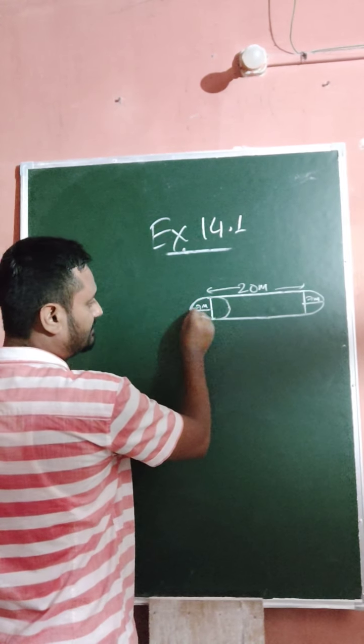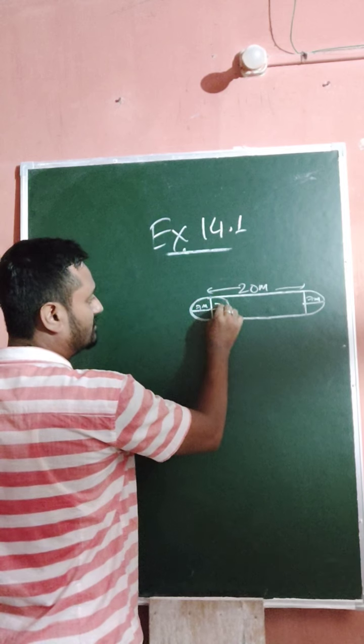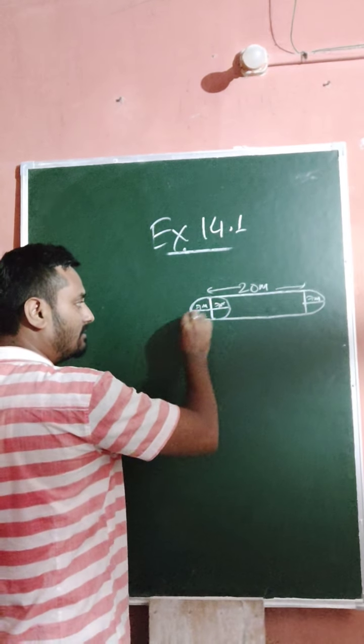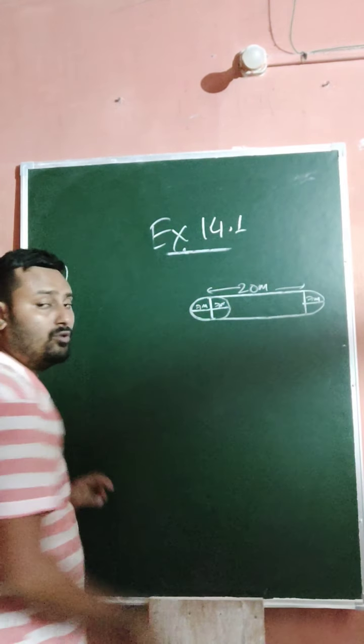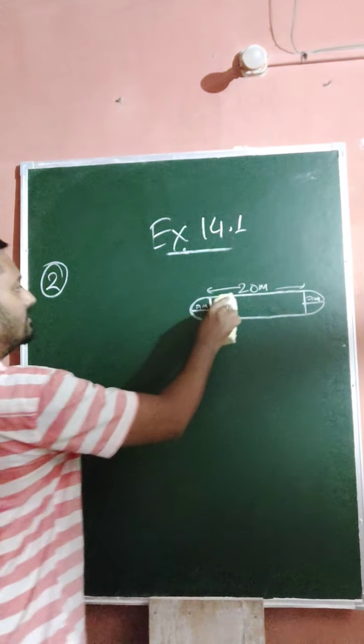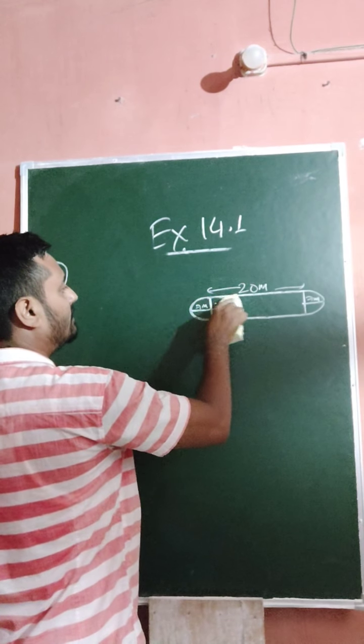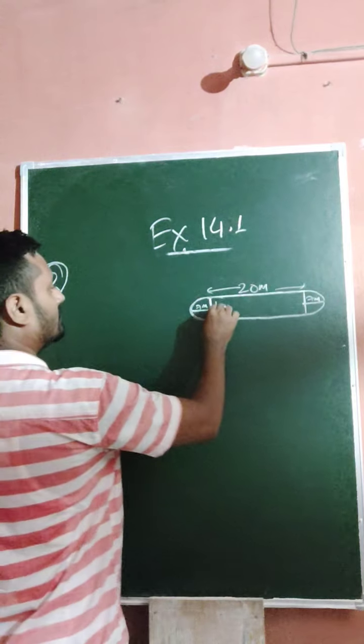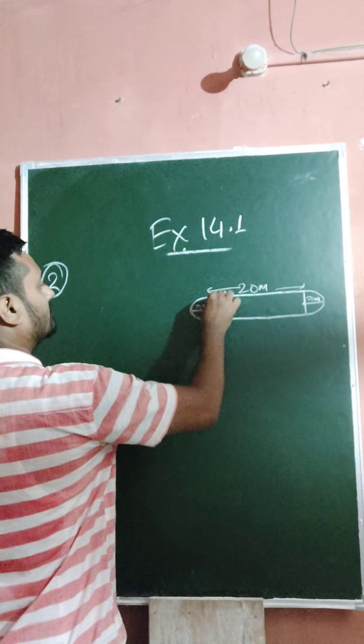Then this part is radius, 7 meter, and this part is also 7 meter radius. Then this part is a diameter: 7 meter plus 7 becomes 14 meter. That means the breadth of the rectangle is 14 meter.